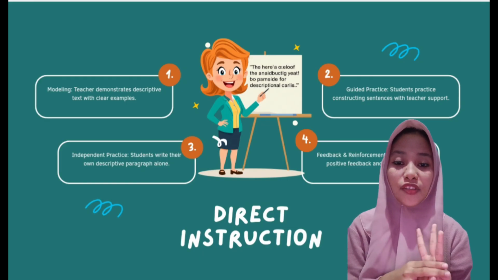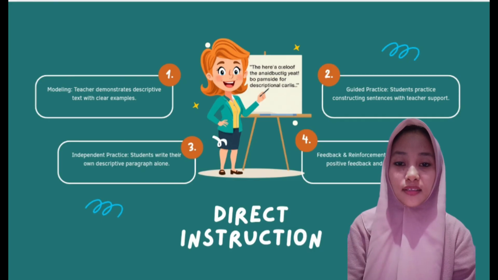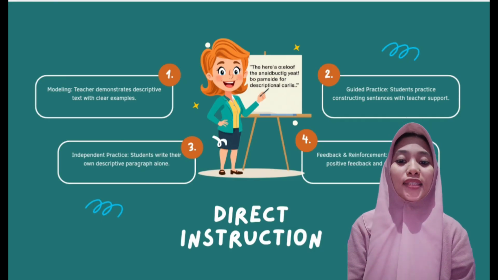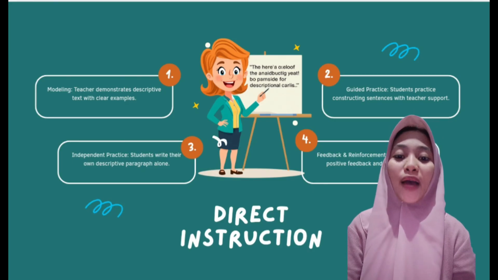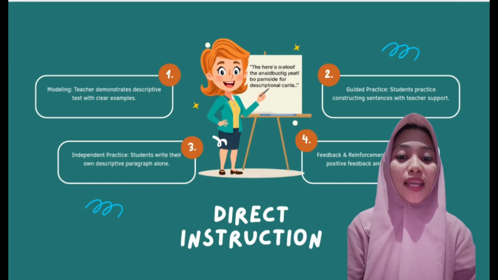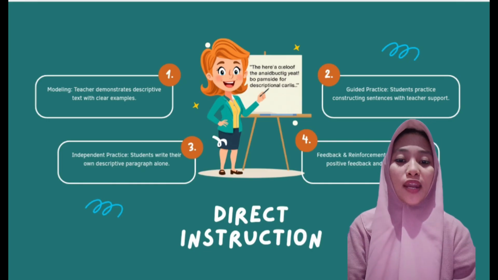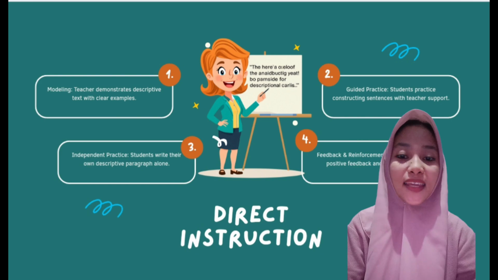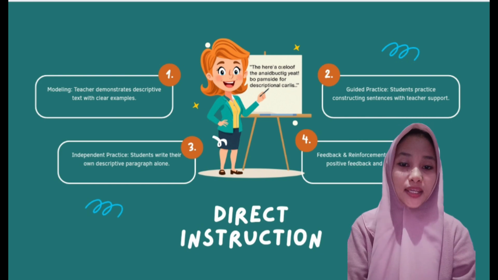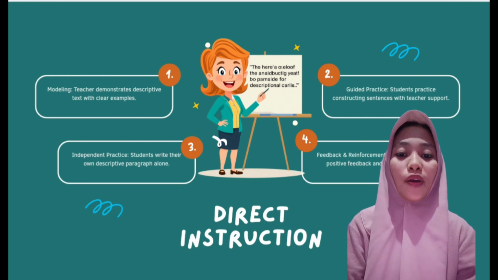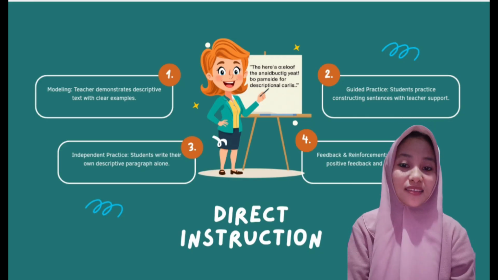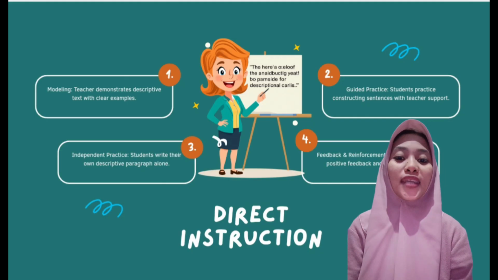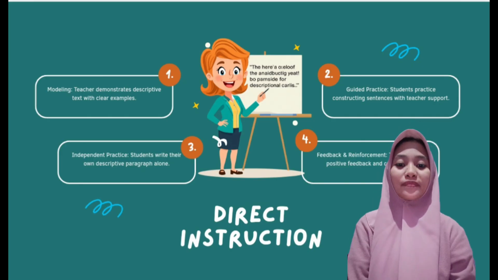The third stage is independent practice, where students write their own descriptive paragraph independently. The final stage is feedback and reinforcement, where the teacher corrects mistakes and gives positive feedback. I selected this model because it provides clear interactions and is suitable for beginner English learners.